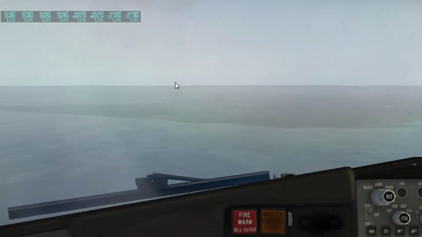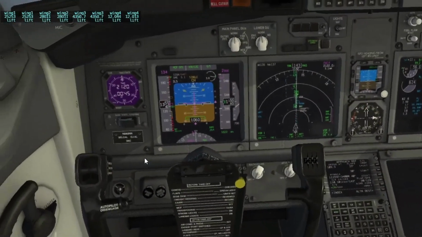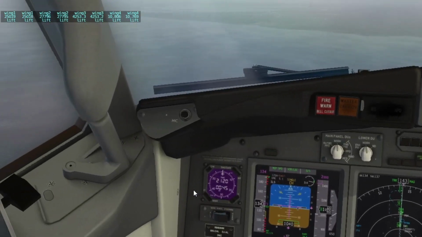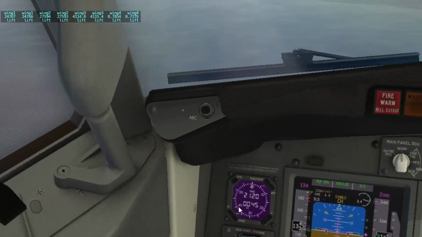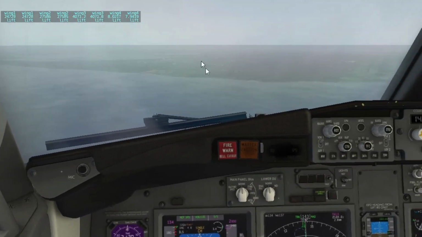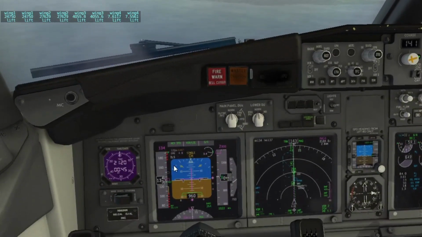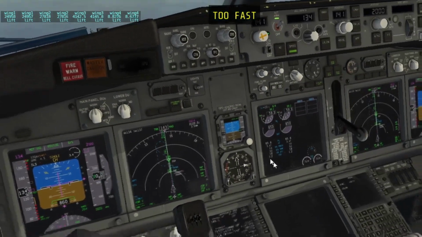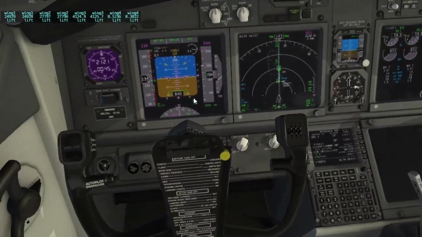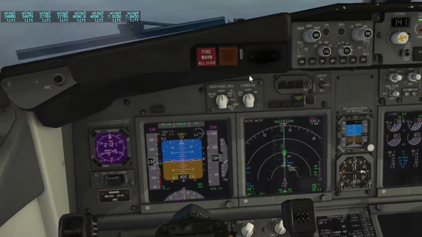and then we will go around. So once the go-around starts, I will press the mic switch, which will engage go-around mode. The autopilot will disengage, and then you have to manually fly the airplane.